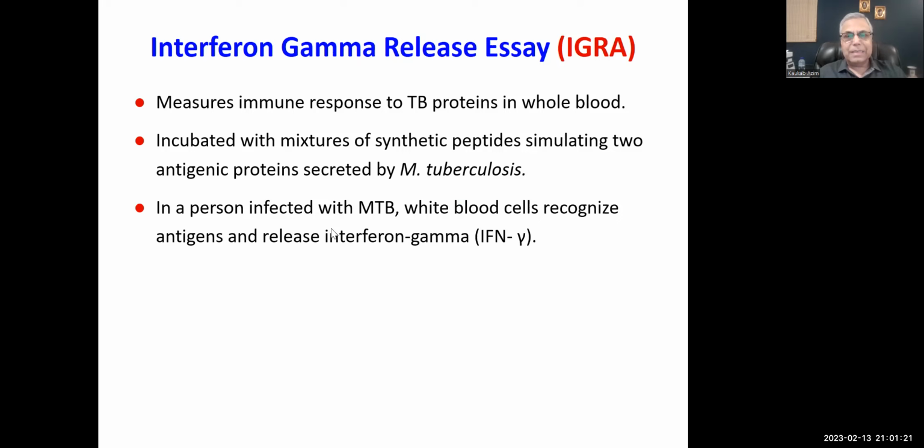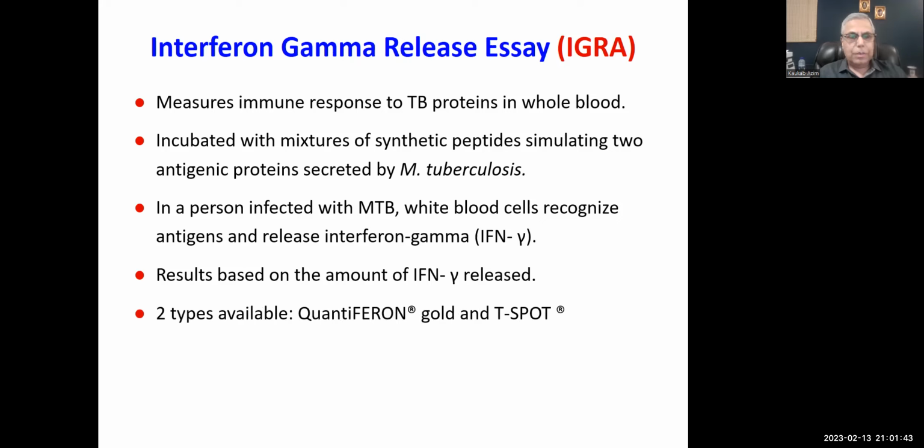If the person is infected with Mycobacterium tuberculosis, white blood cells recognize antigens and release interferon gamma, okay? Because their white cells are conditioned. So we are taking it from the patient. If the white cells are not conditioned, then they will not secrete interferon gamma. Results are based on the amount of interferon gamma released. 2 types are available, QuantiFERON and T-SPOT, okay? Results you can get in less than 24 hours.